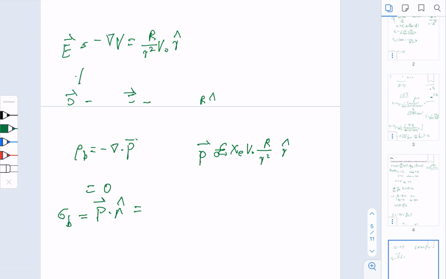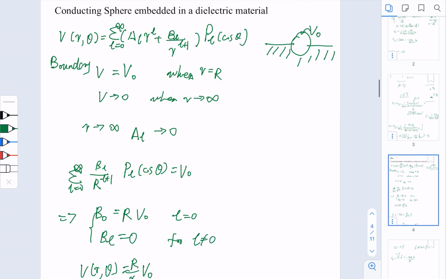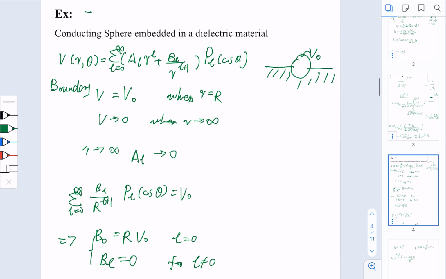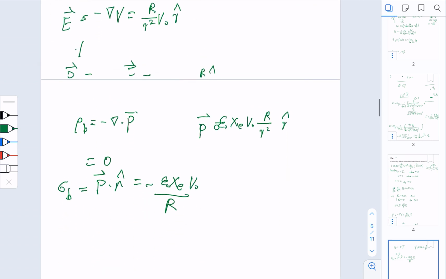So there will be a bound surface charge on the dielectric material near this conductor, and if you calculate this P dot n, where this n is simply the r hat direction, in spherical coordinates this n is parallel to the r hat direction, so the bound charge is simply negative epsilon naught chi e V naught over R, where we replace the little r by this capital R.